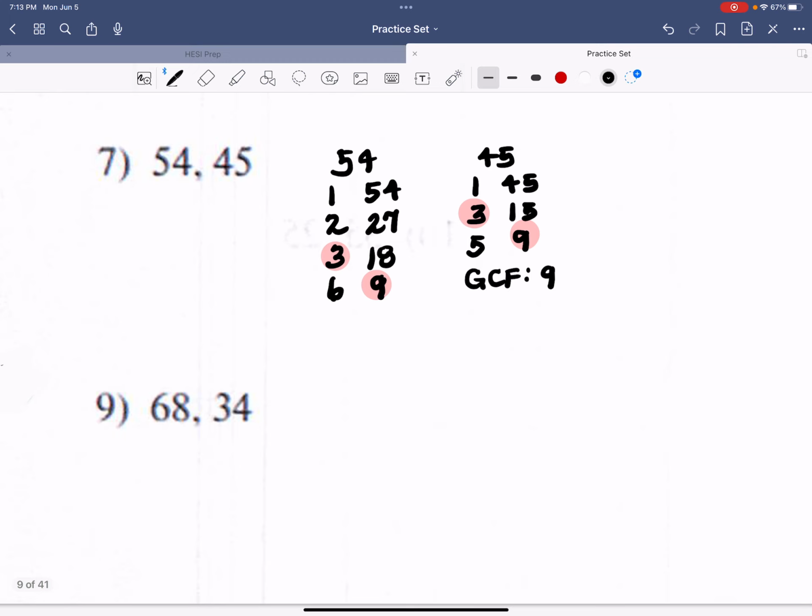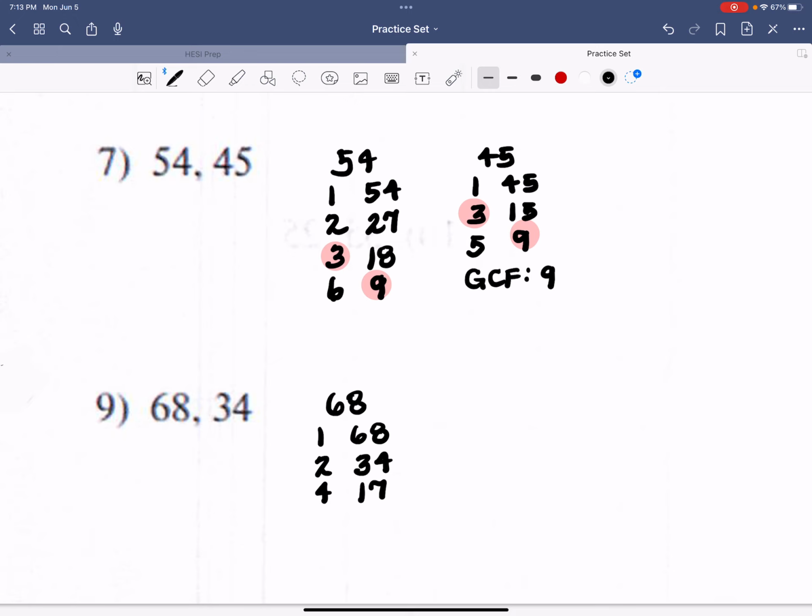Then 68. I have 1 and 68, 2 and 34. I believe that's all, but let's be sure. No, 4 and 17. Will 3 work?